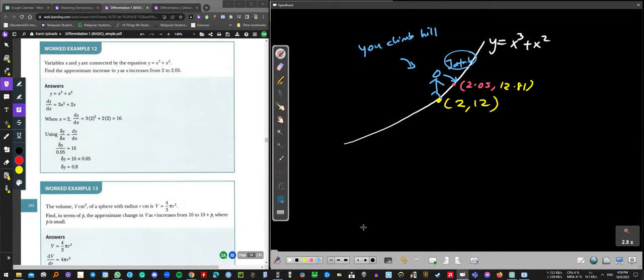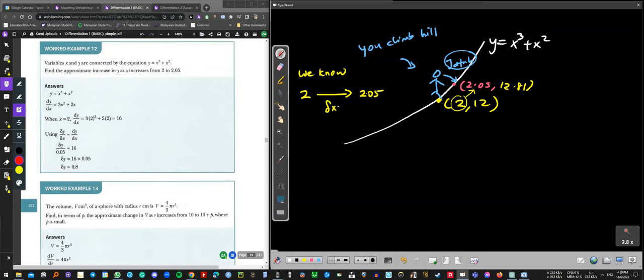So, daripada 2 ni, 2 yang warna kuning tu, berapa banyak dia kena tambah untuk jadi 2.05? 0.05 kan? Okay, so we know daripada 2, tiba-tiba dia tambah 0.05 jadi 2.05.